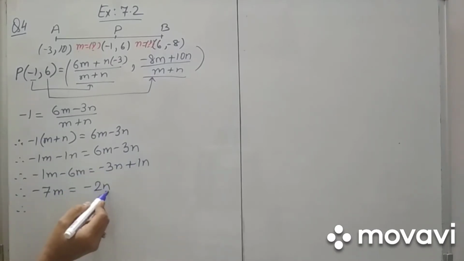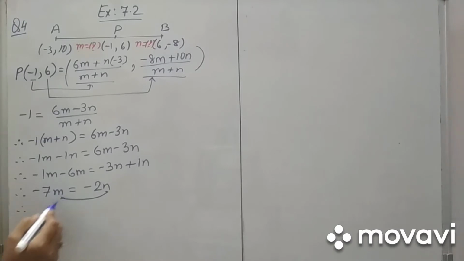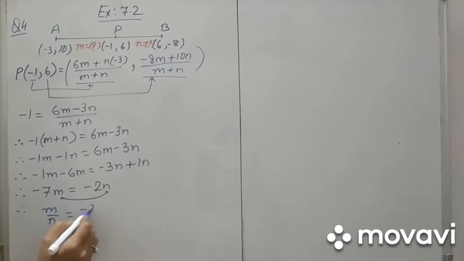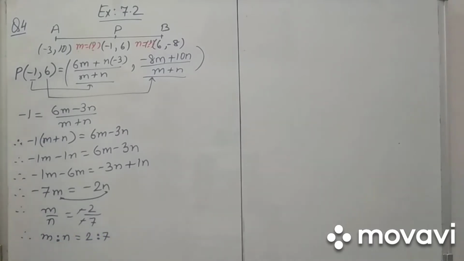Now taking this n in the denominator, m upon n is equal to minus 2 upon minus 7. Minus minus would be cancelled. So the ratio we are getting is m is to n is equal to 2 is to 7. Ratio we are getting it.